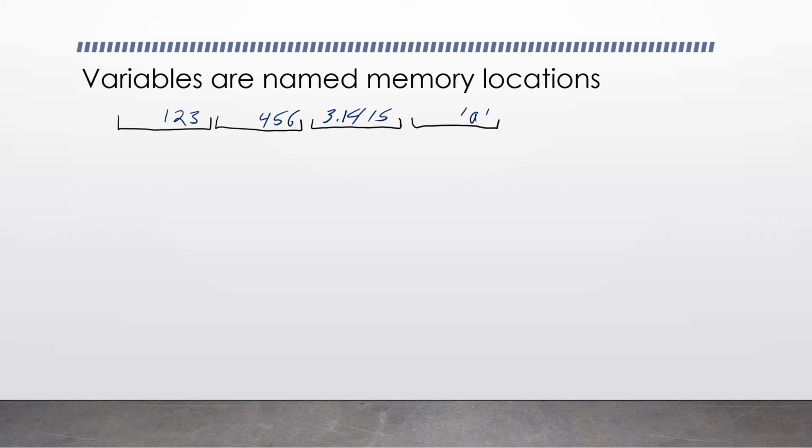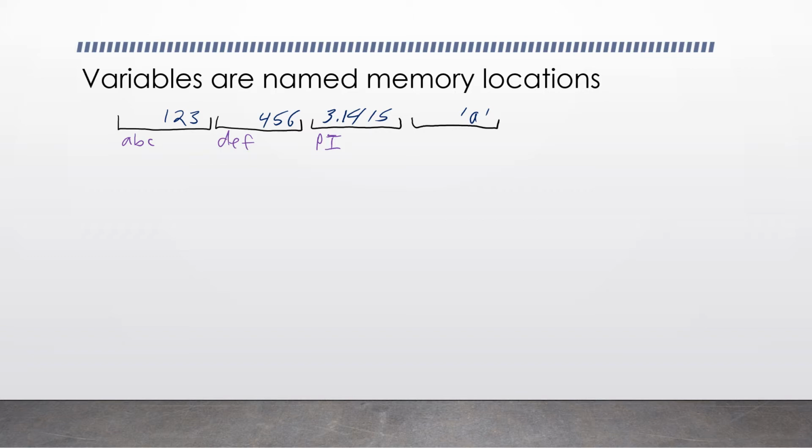So this one might be named ABC, and this one might be named DEF. This one might be named pi, with a capital P and a capital I to remind us that it's a very important number.